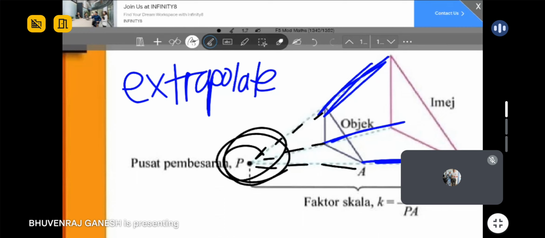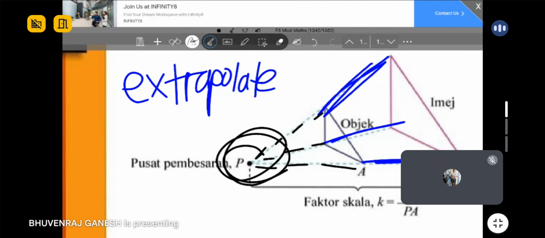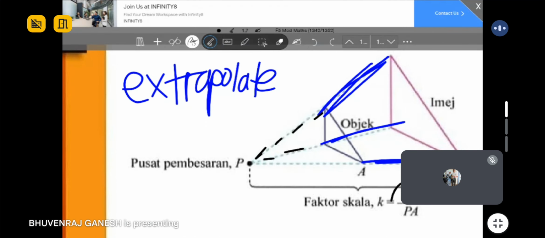Where is the intersection point? If it's enlargement, definitely you will find a point. If you don't get a point, it means something is wrong with your drawing. Lukisan kamu salah. Alright? So, the formula is image bahagi object.